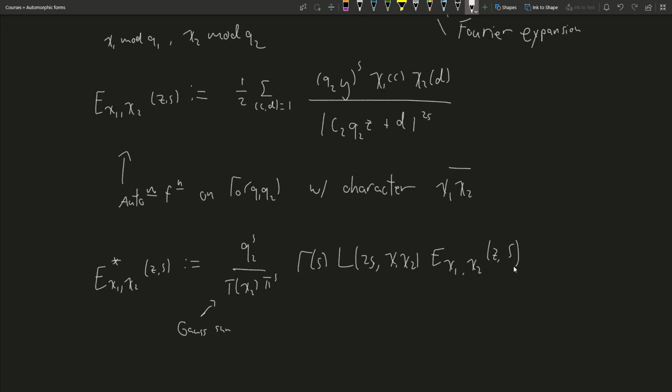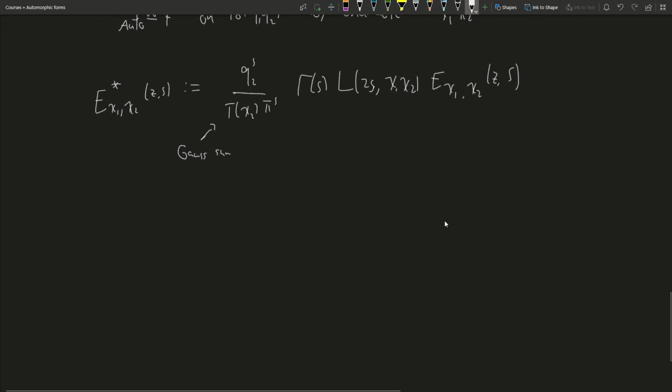And as usual, when we're talking about completed anything, completed L-function for example, the reason to do this is because these have nicer properties, for example the functional equation is nicer.